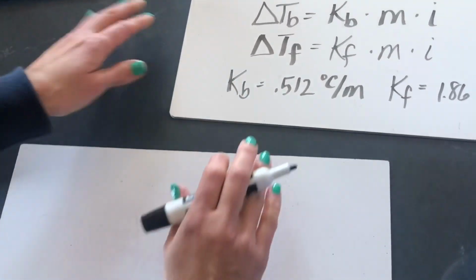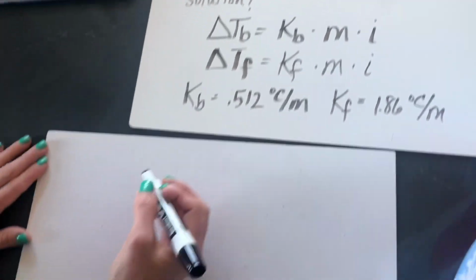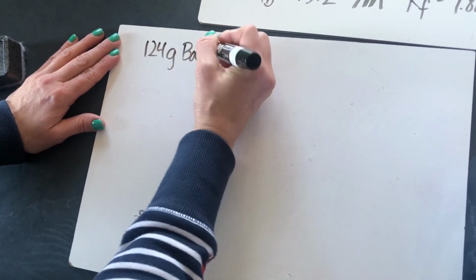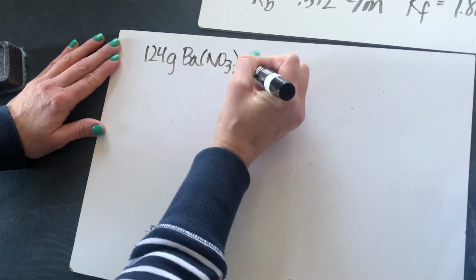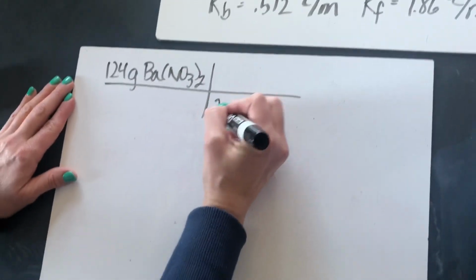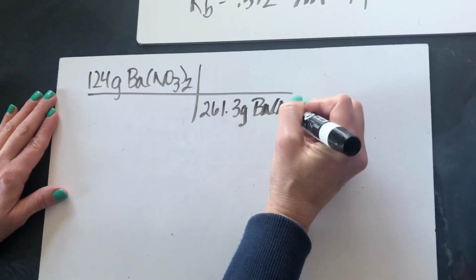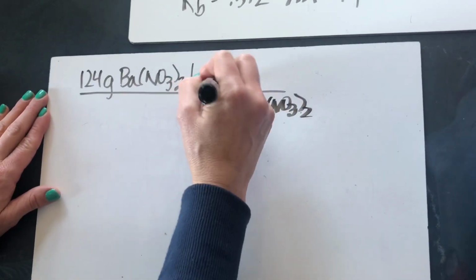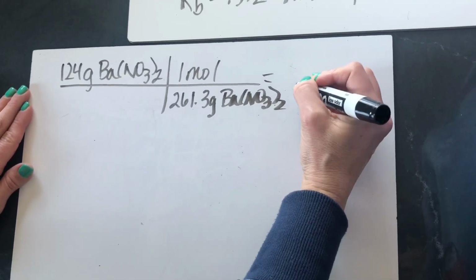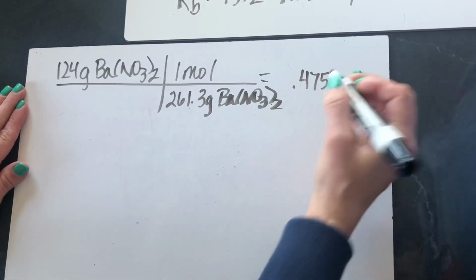All right, so in order to do this problem, the first thing we have to do is figure out the molality of the solution. We have 124 grams of barium nitrate, and we're going to turn that into moles using molar mass. Molar mass of barium nitrate is 261.3 grams for every 1 mole, which leaves us with 0.475 moles of barium nitrate.